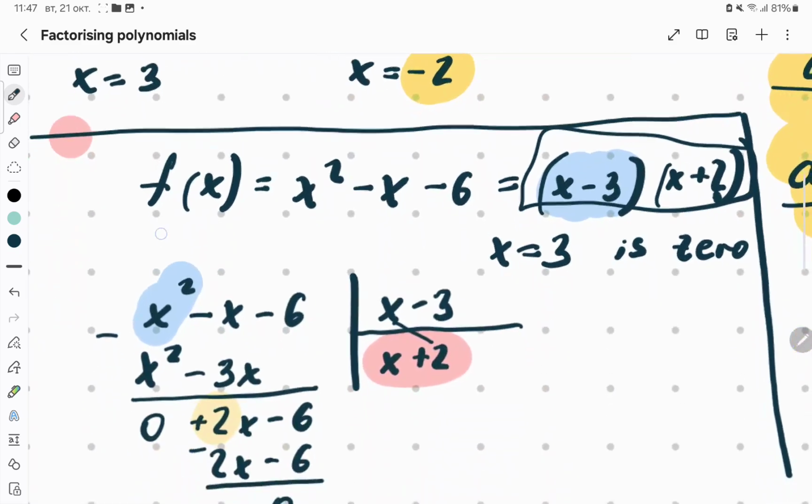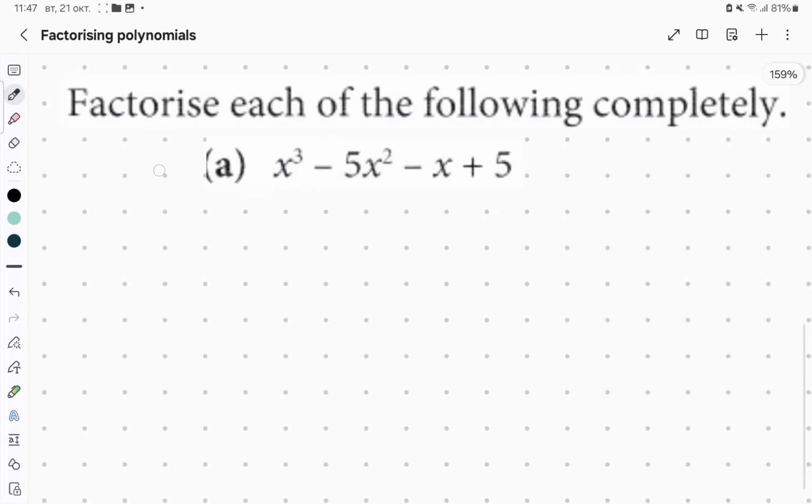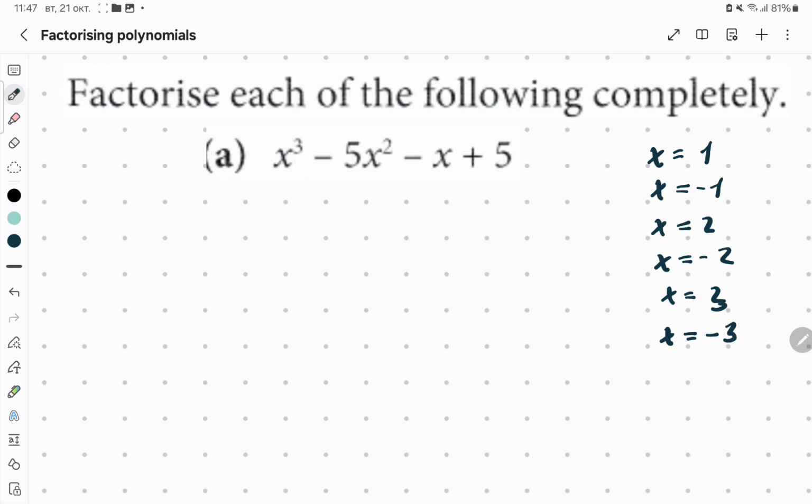Now let's consider how it works in more complicated questions, when we have a cubic polynomial and we have to factorize. First, the usual approach is to try x equal to 1, negative 1, 2, negative 2, and sometimes 3 and negative 3. We first plug 1 instead of x and see whether it makes our polynomial 0 or not.